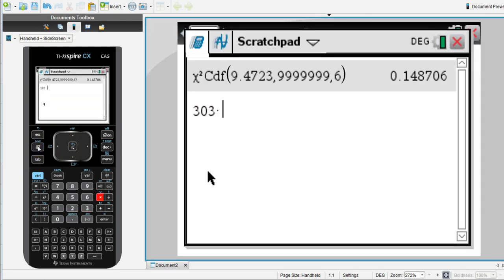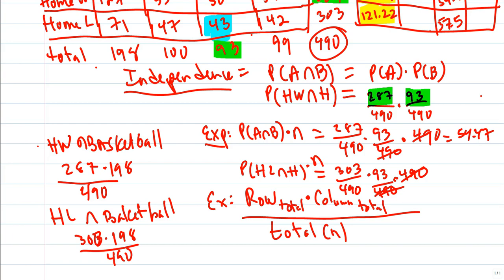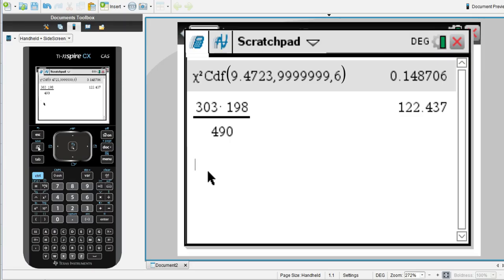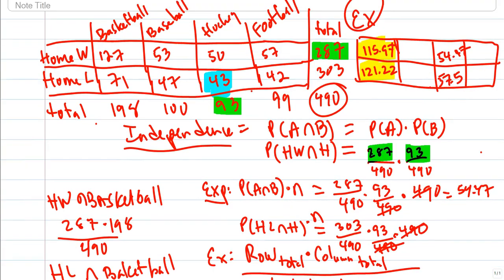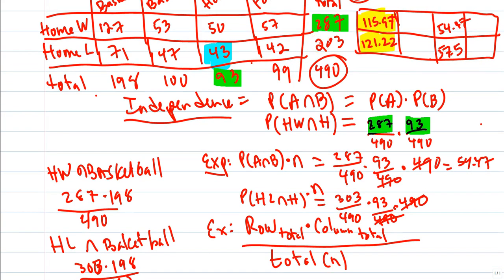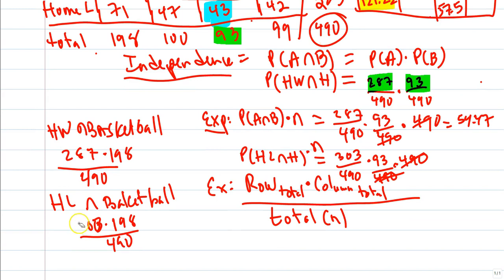You must have typed it all crazy. By 490, 22. What did this just say? 82. What am I missing? This adds up to 203. So both of those are going to be off. So that's not 303, it's 203.